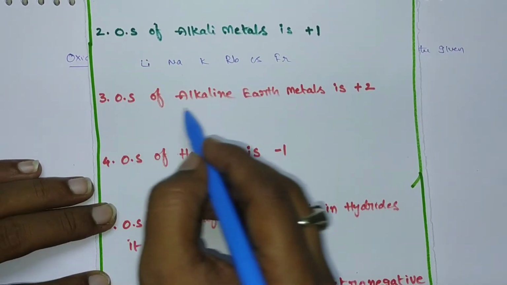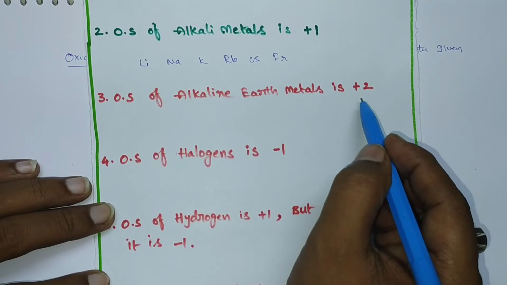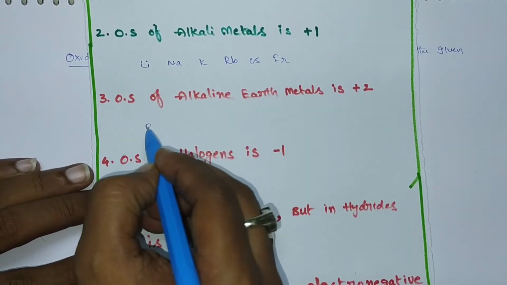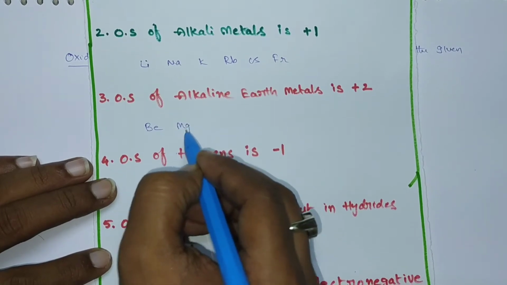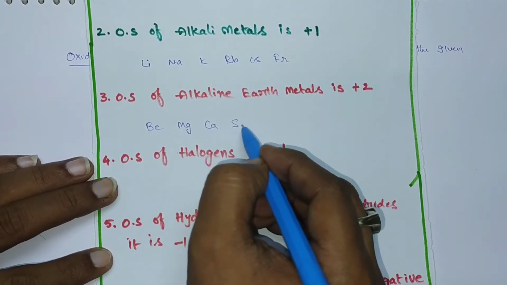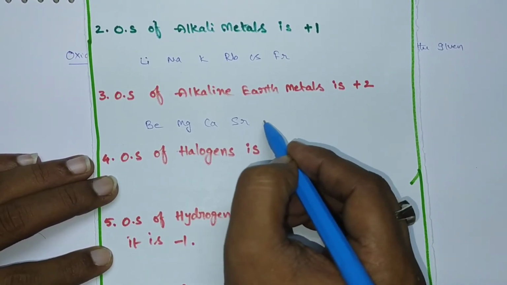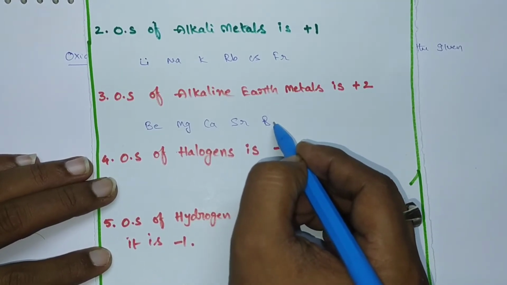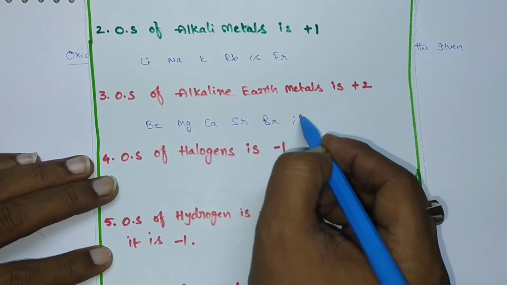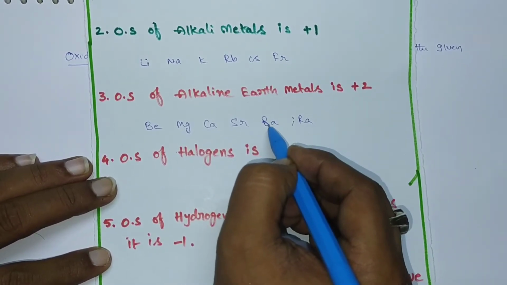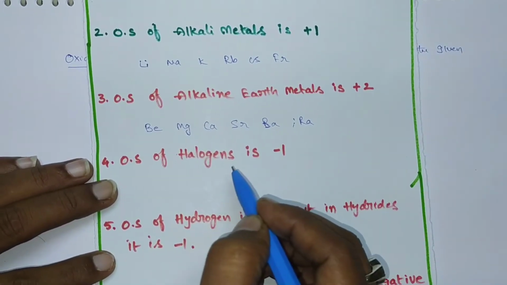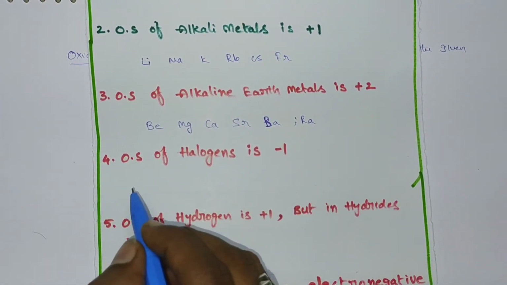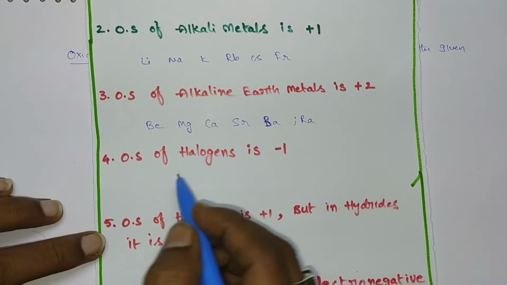Next, the oxidation state of alkaline earth metals is +2. Alkaline earth metals means beryllium, magnesium, calcium, strontium, barium and radium. All these elements exhibit +2 oxidation state. And the oxidation state of halogens is -1.